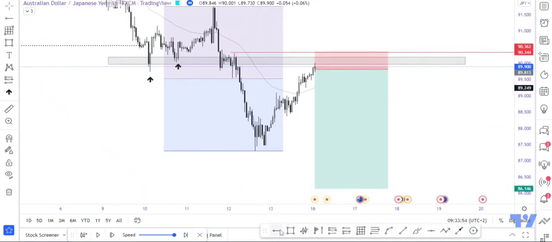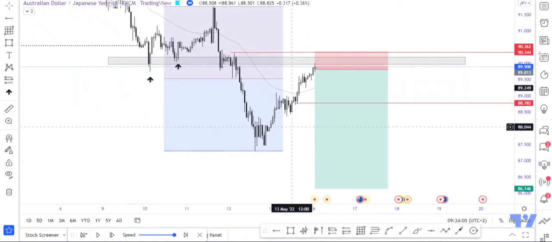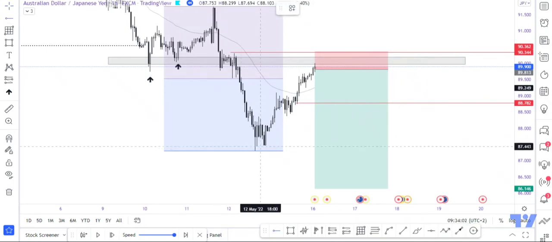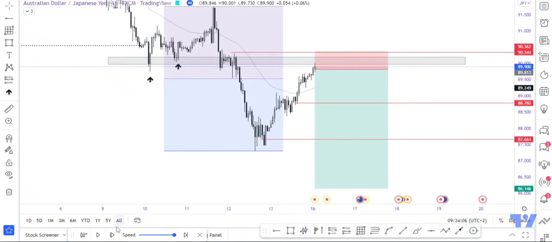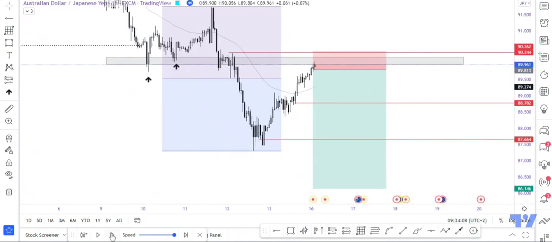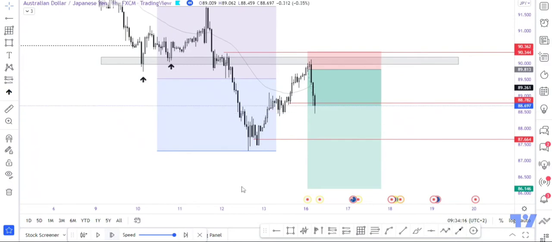Like I said, we had three take profits. We had one somewhere around here, we had another around here, and this was our final take profit. Once we took the trade, what did we see? We saw this bearish engulfing candlestick, and then after that, we had price come down and take our first take profit.